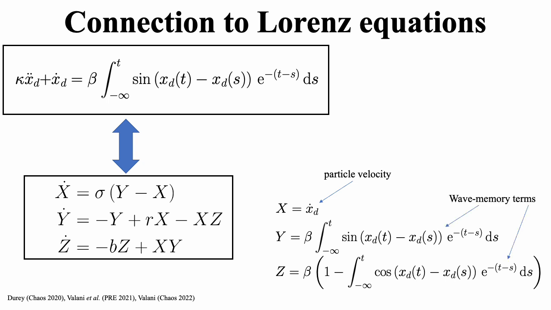And the parameters sigma, r, and b in the Lorenz equations map in a one-to-one manner onto the kappa and beta of the droplet's equation, right? So we get this one-to-one mapping, and we can go from an integral differential equation to the Lorenz system to understand the dynamics of the droplet.